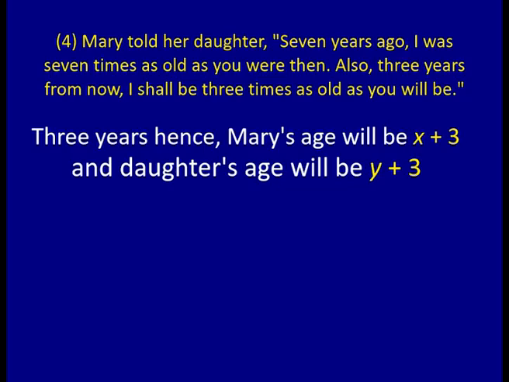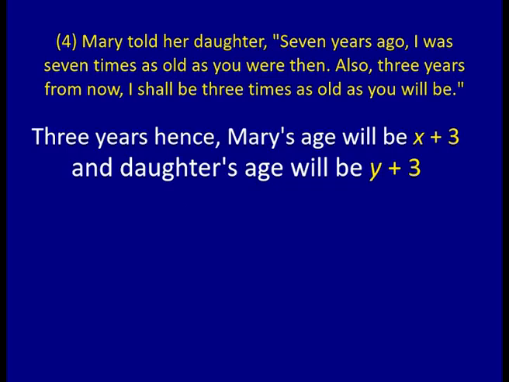What will be your age after 3 years? Means present age plus 3 years. 15 plus 3 is equal to 18. But here Mary's age and her daughter's age are the variables. So you have to add 3 to the present age.